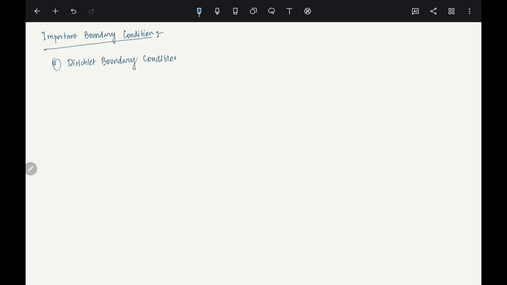What is the Dirichlet boundary condition? This is y at the point alpha is A and y at the point beta is B. Is this okay? That's your Dirichlet boundary condition.